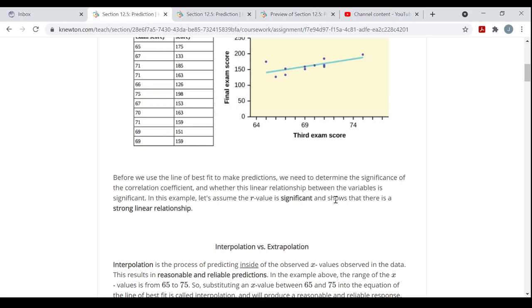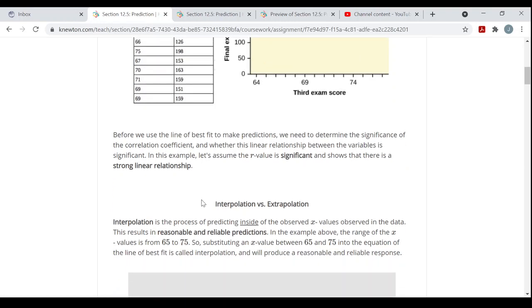That was all talked about in a previous video and a previous objective, so we're not going to get into that here. We're going to assume that R is significant, that there is a strong linear relationship, and that we can use this best fit line to make predictions.